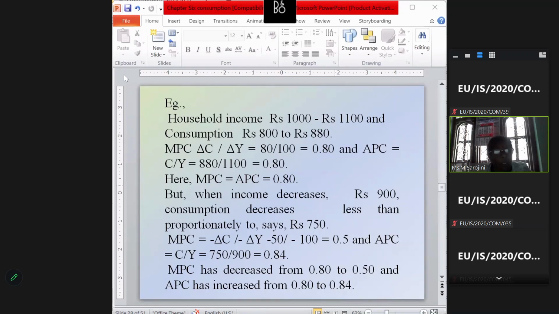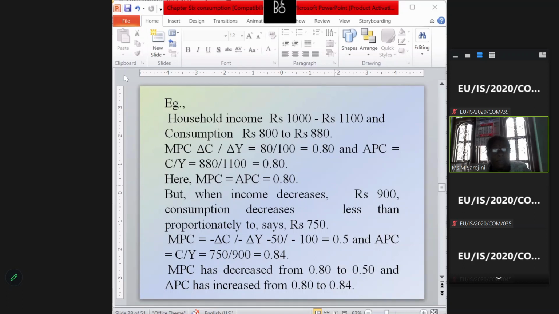Is it okay? What does the ratchet effect explain? When income increases, consumption also increases, but when income decreases, consumption decreases less than proportionately. That is the ratchet effect.